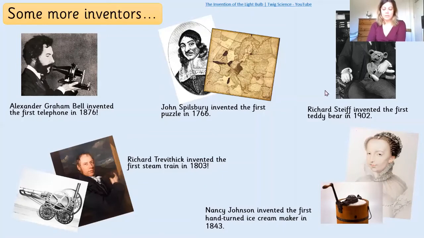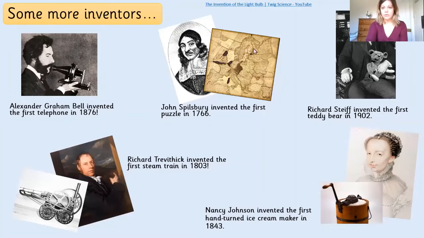So if you think about it, how easy it is for us to walk into a room and just switch on a light when it's a bit dark. Before that, people would have had to light candles. So Thomas Edison's invention was so important. There was a really big need for it, and we still use it today in 2021.